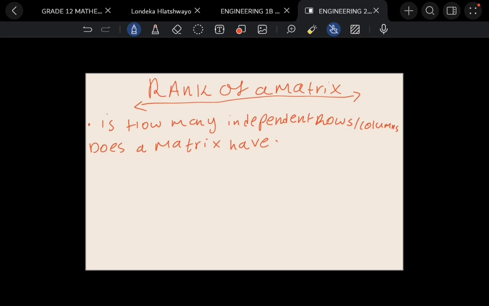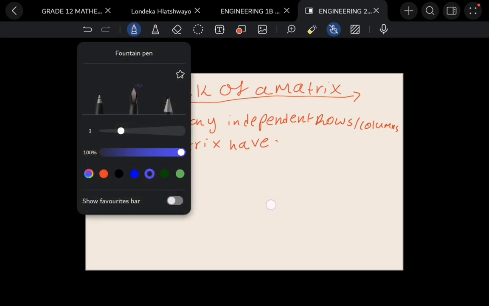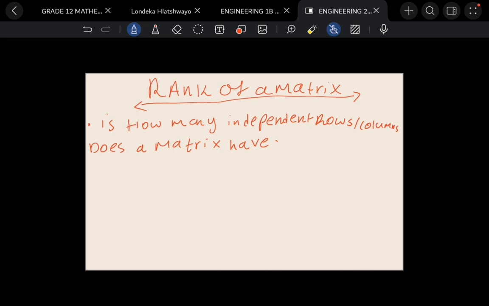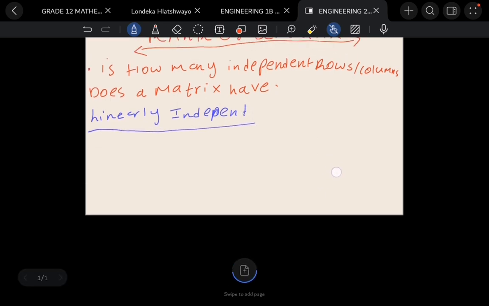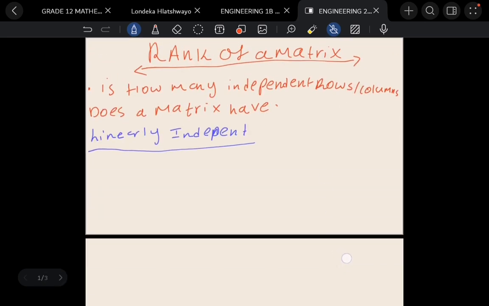So let's look at this concept of linearly independent. I don't know how to write these words. I'm a mathematician after all. So just know that. Linearly independent.